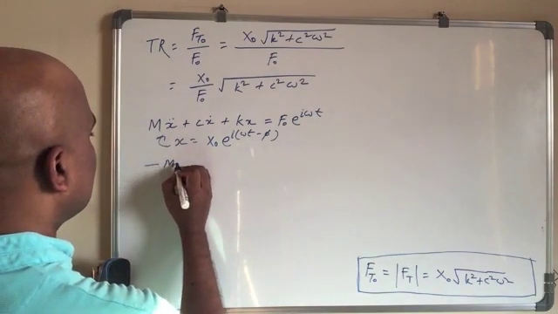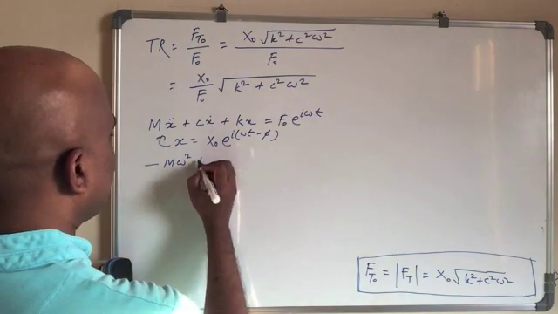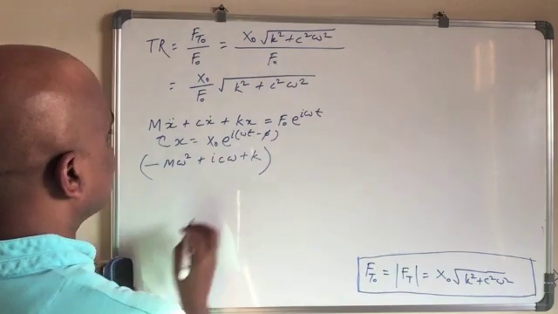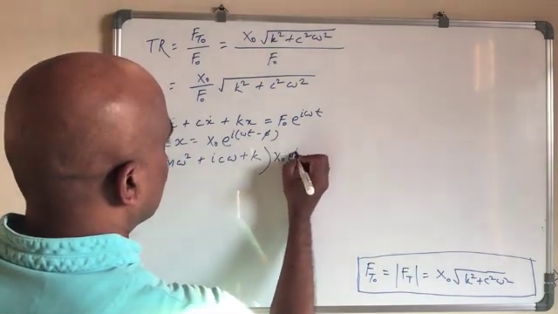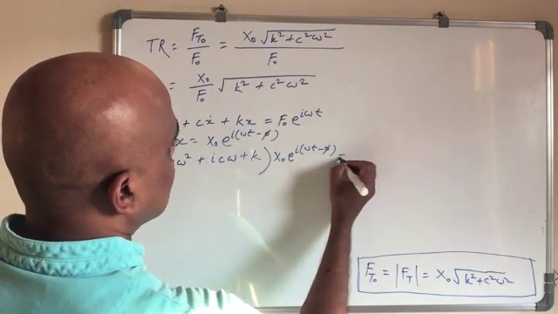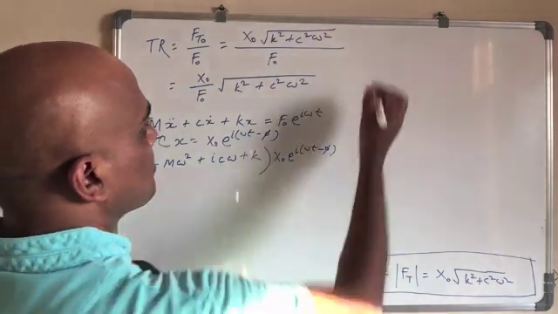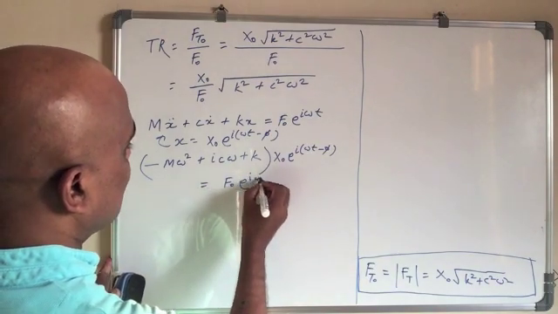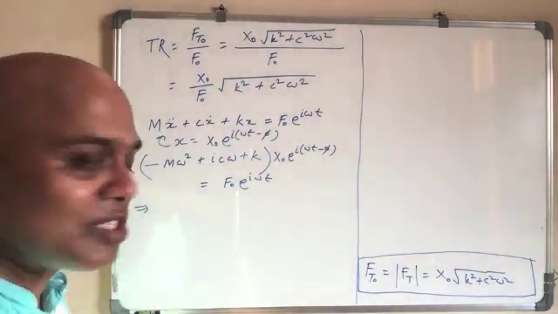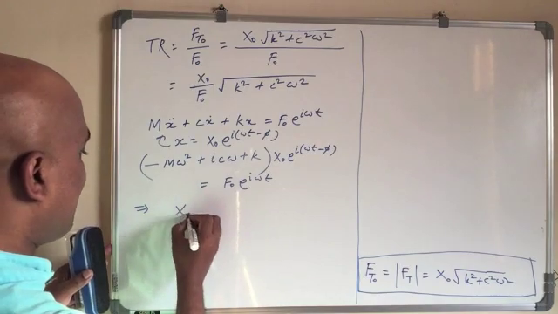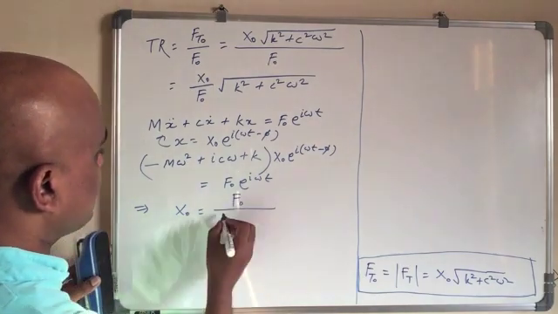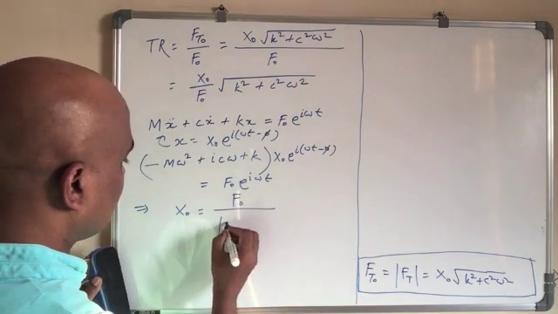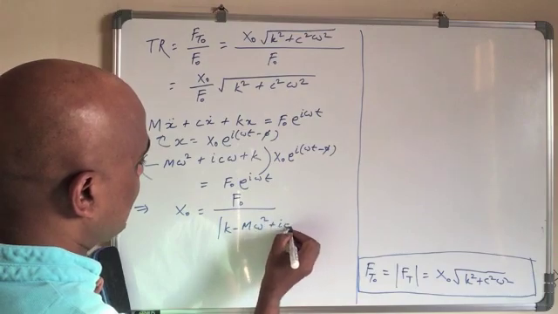Then what do you get? You get minus M omega squared, plus i c omega, plus k, multiplied by X0 e^(i(omega t minus phi)), equal to F0 e^(i omega t). Hence X0 is equal to F0 divided by k minus M omega squared plus i c omega.